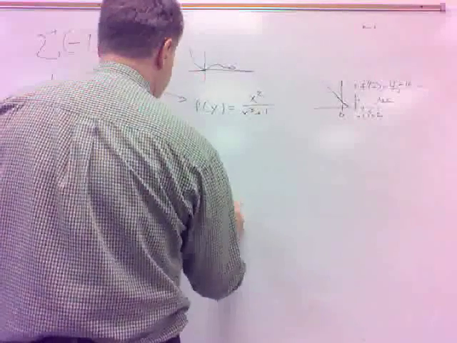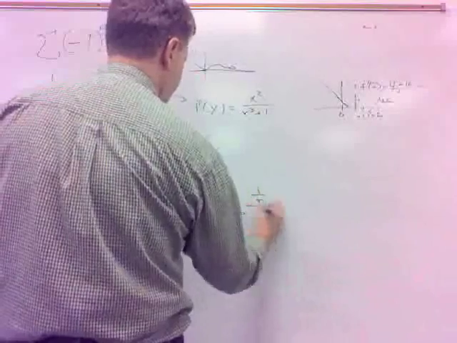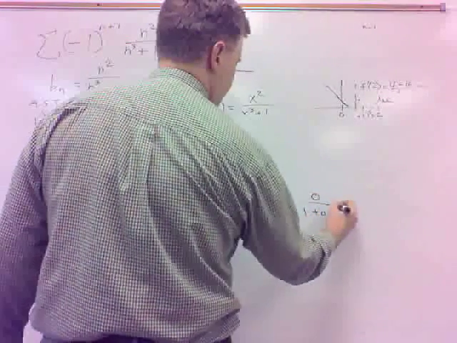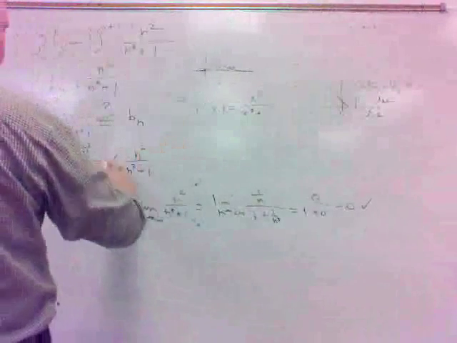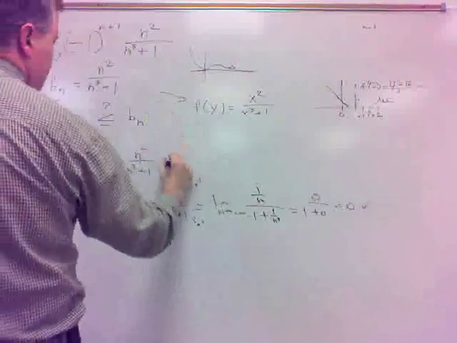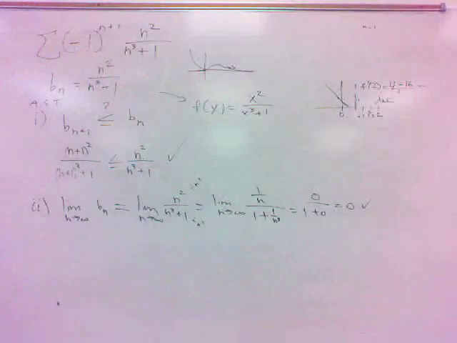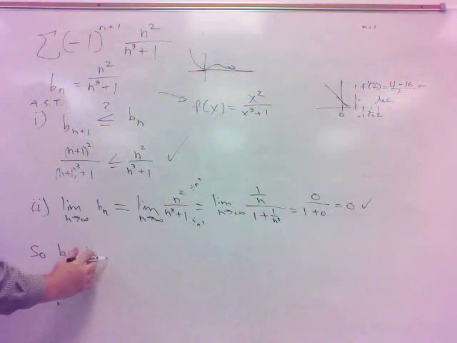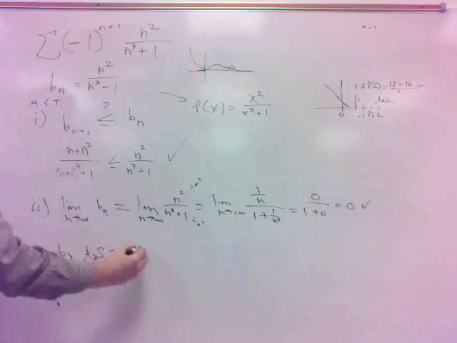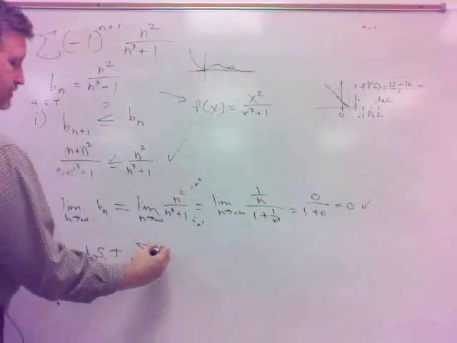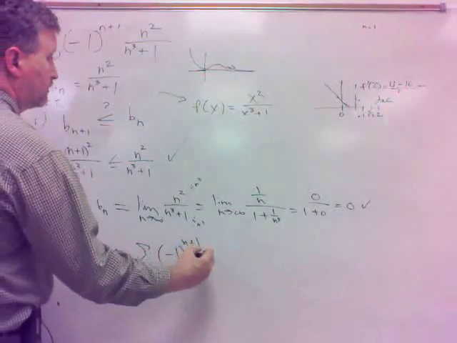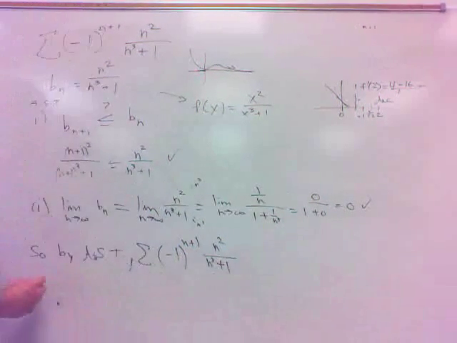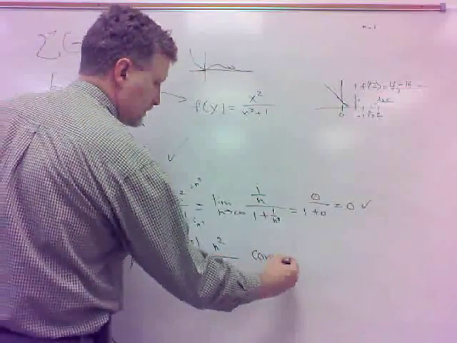The limit as n goes to infinity of 1 over n over 1 plus 1 over n cubed, and that's 0 over 1 plus 0, that is 0. Check, check. So, by the alternating series test, this series converges.